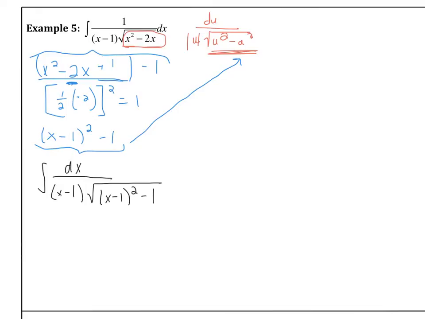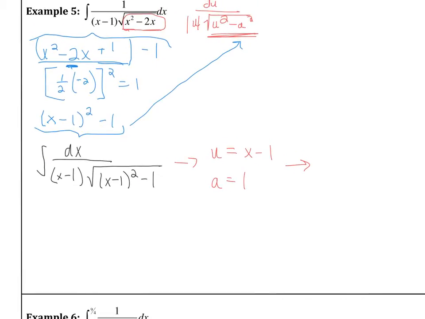It looks like the function being squared is x minus 1, and the constant being squared is 1. From there, rewriting, I'll worry about the top later. This x minus 1 is u.